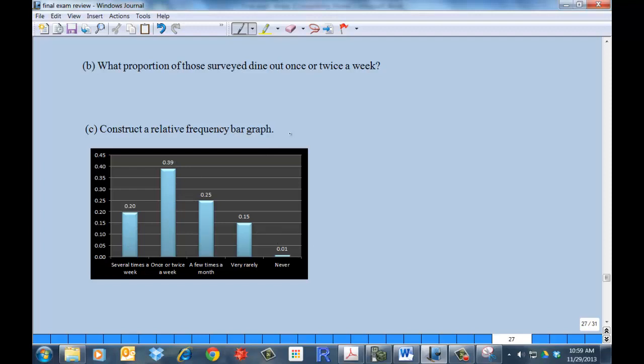Part B says, what proportion of those surveyed dine out once or twice a week? Well, it's really easy once you get this nice picture. Once or twice a week is 39%. So you can say something like probability once or twice a week is equal to 39%.